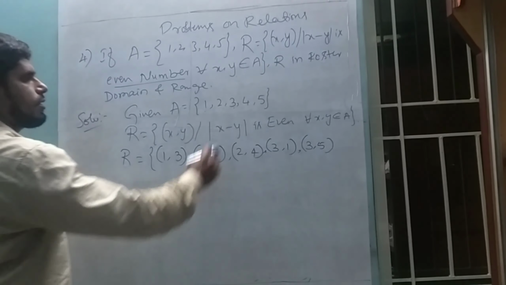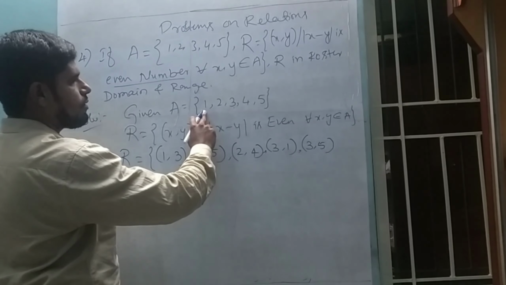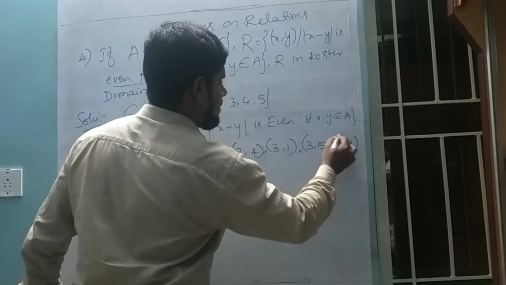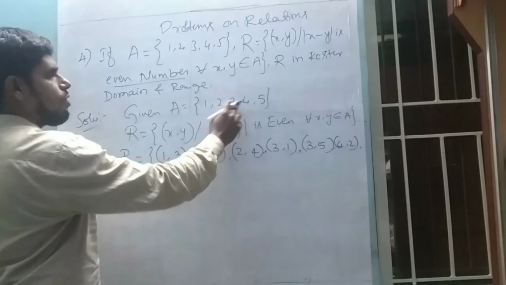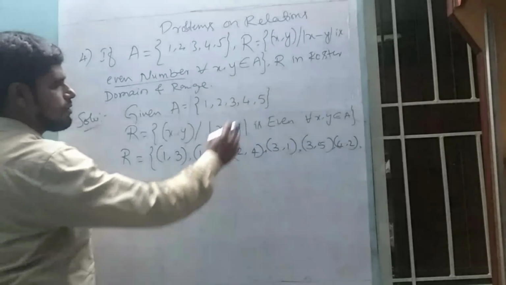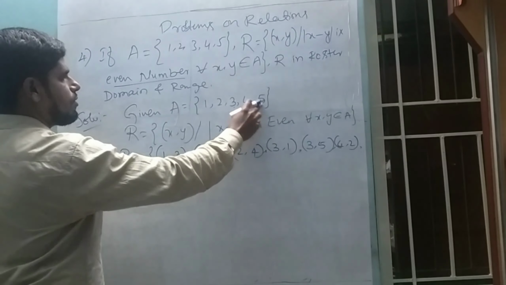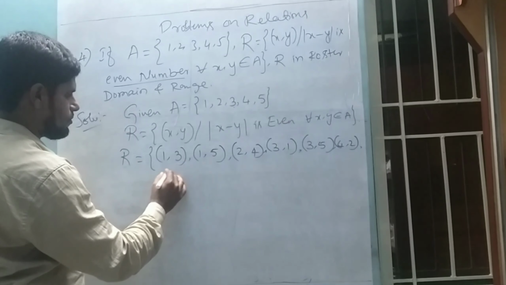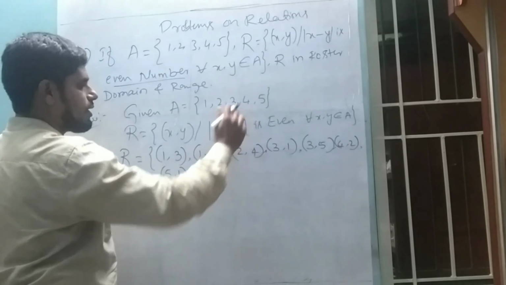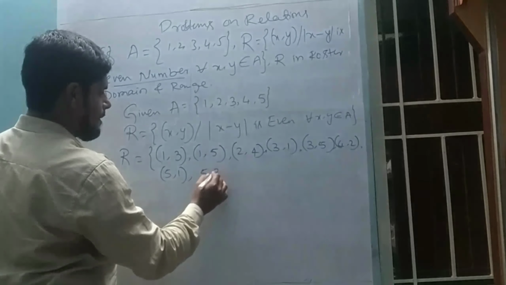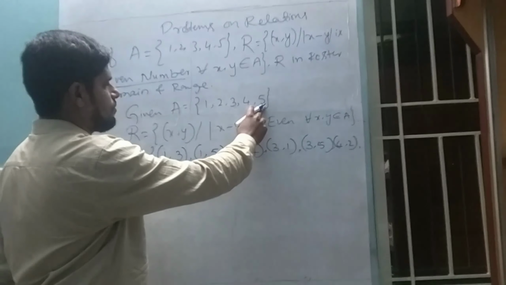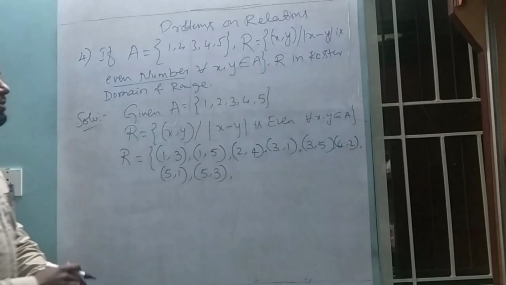Next here 4 1, no, it's not possible. 4 2 is possible. 4 3 not possible. 4 5 not possible. Then next here 5 1, yes, possible. 5 2 not possible, it is 3. 5 3 is possible. The next is what? 5 4 not possible. Okay.